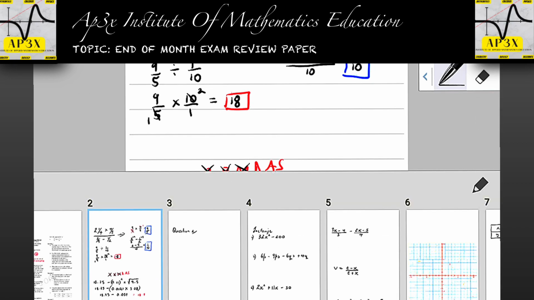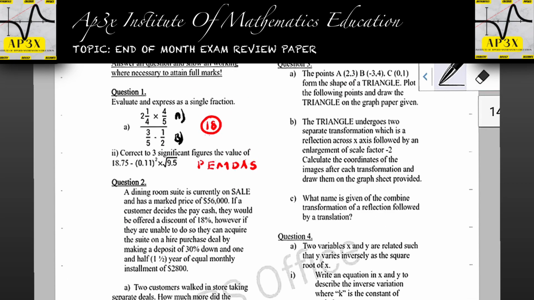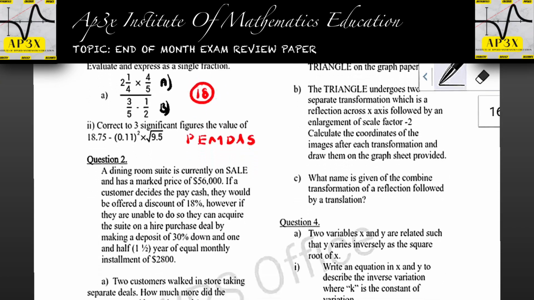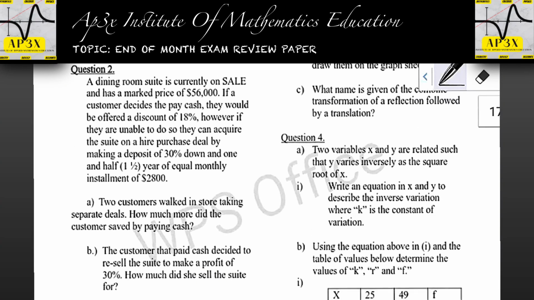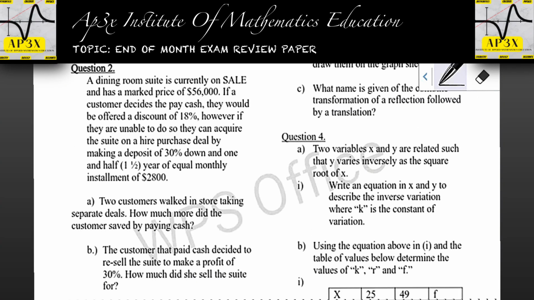All right, so now that we have gotten very comfortable with the first 2 questions, let's move on to question 2, and this is a worded problem. Let's get to reading here. It says that a dining room suite is currently on sale and has a marked price of $56,000.